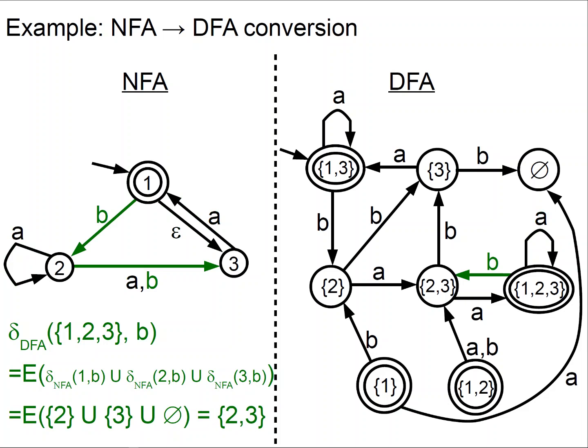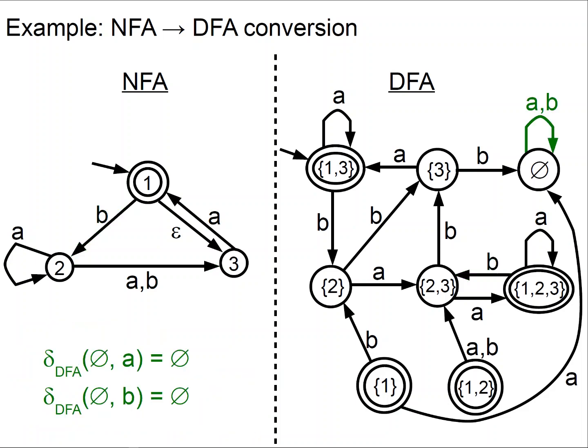By similar reasoning, you get the set {2, 3}. The empty set has no state in it, so its transitions just cycle back to itself. That's it.